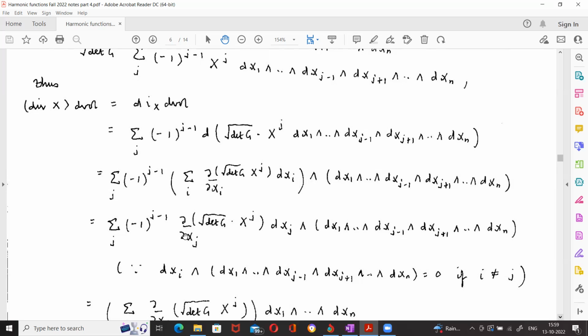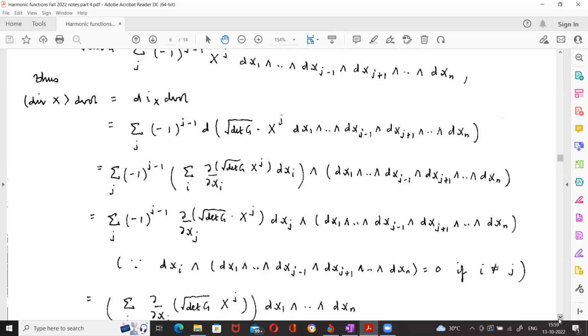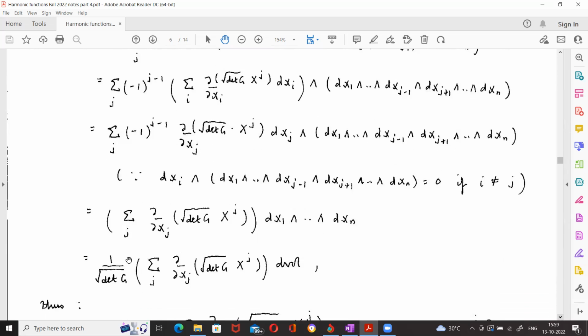So then I'll just get del/del xj of this, and I'll get a dxj wedge this, and then I do a permutation to move the dxj into the jth spot. So that will give me another factor of (-1)^(j-1). And so finally I'll get sum over j of del/del xj of square root determinant G X^j into dx1 wedge dxn. And this dx1 wedge dxn I write as 1 over square root determinant G into dvol.